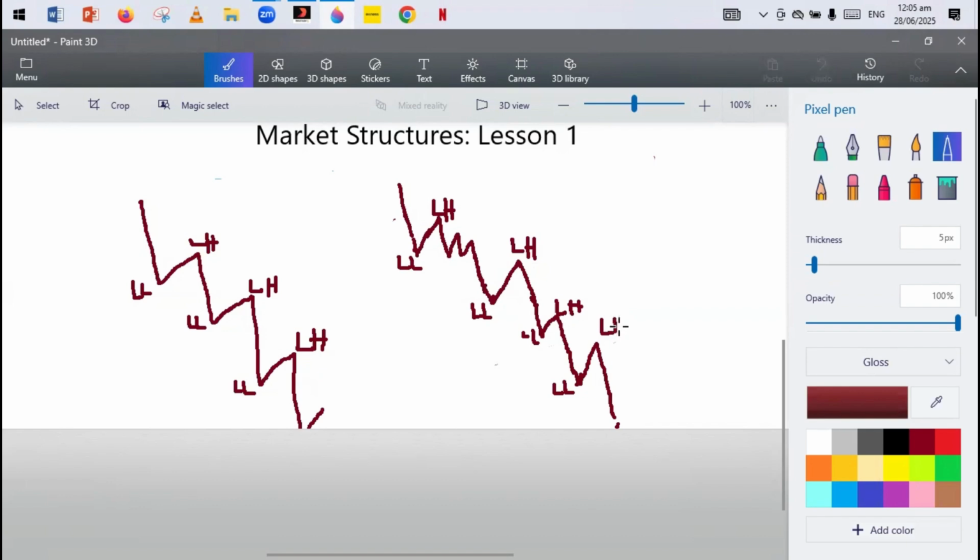We have lower highs. So in this market, you are only supposed to place sells because the market is trending downwards. So you become a seller in this market.